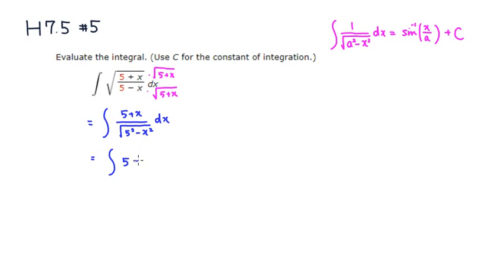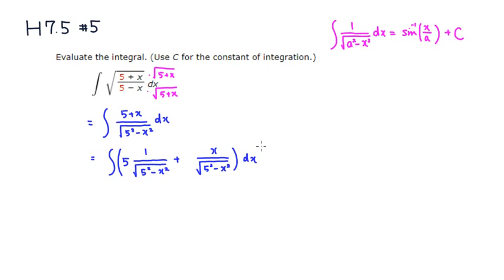So 5 over the square root of 5 squared minus x squared would be 5 times 1 over the square root of 5 squared minus x squared, plus x over the same denominator, the square root of 5 squared minus x squared. Then we just need to evaluate this integral here.